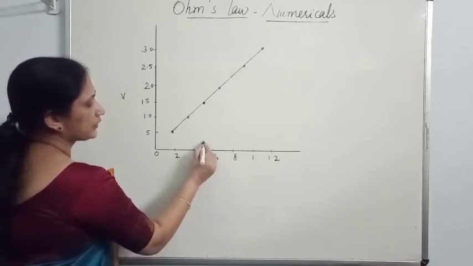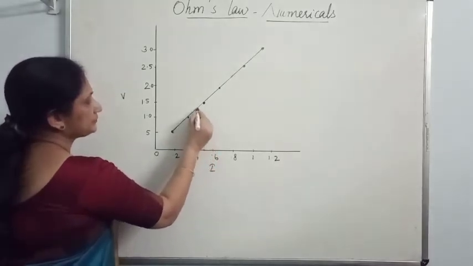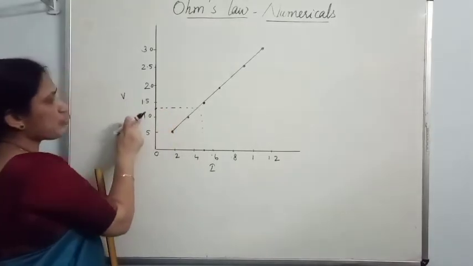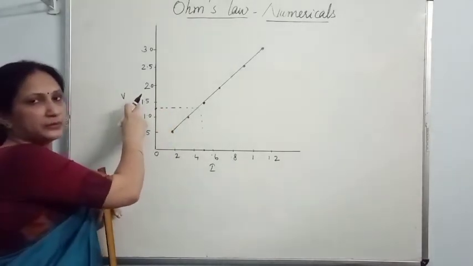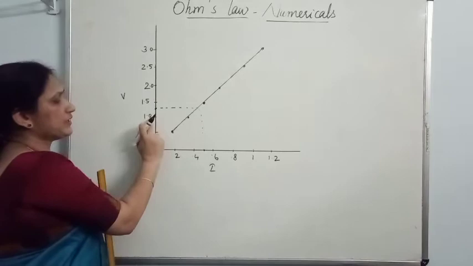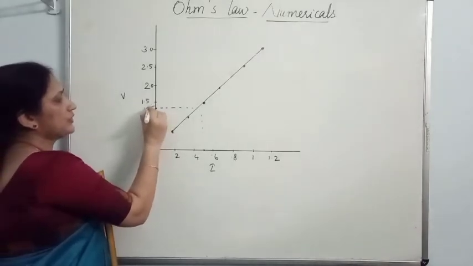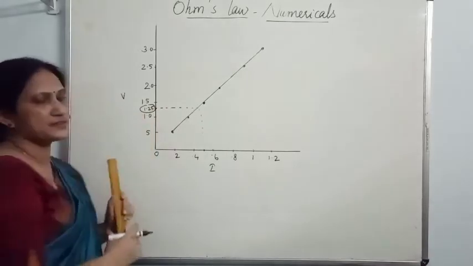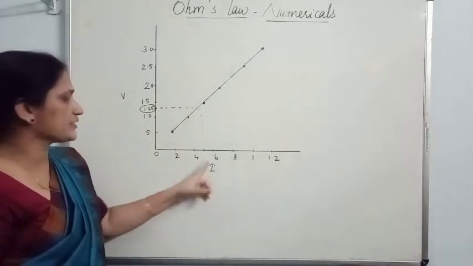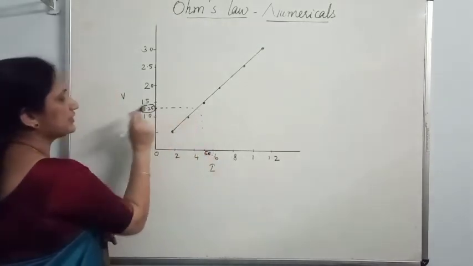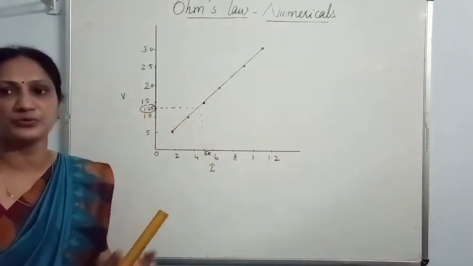From here you plot a straight line. It will come between 1 and 1.5, the midpoint, that means 1.25 is the potential difference. When current is 0.5 ampere, the corresponding potential difference is 1.25 volt.